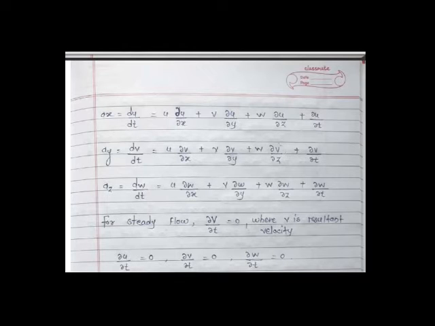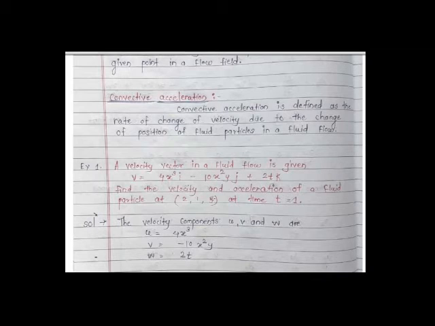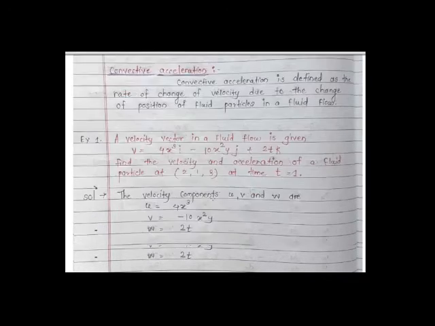Okay, here all these equations, except the local acceleration, are called convective acceleration. Okay, the expressions other than ∂u/∂t, ∂v/∂t and ∂w/∂t indicate the convective acceleration. Okay, hope you have understood all this concept.